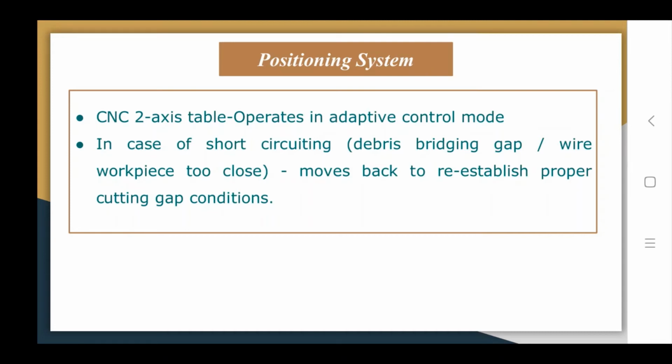This servo system retracts the workpiece away from the wire, and the gap between the wire and the workpiece is flushed with the dielectric, so that any debris clogged in between can be removed. In case of short circuit, debris bridges the gap of wire and workpiece, so the workpiece moves back to re-establish the proper cutting gap condition.